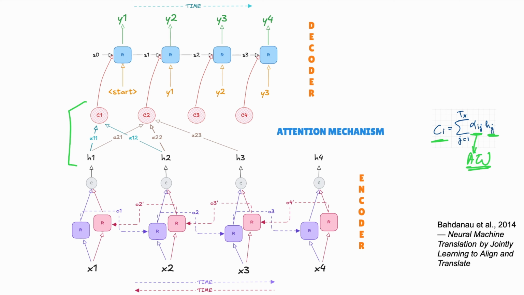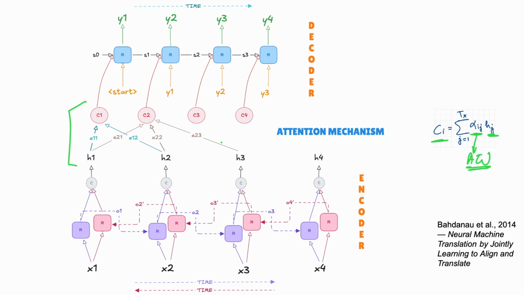Alpha is the attention weight, basically how much weight we are giving to each hidden state. That's the idea with the attention mechanism. For calculating C1, we'll have to multiply h1 by alpha 11, h2 by alpha 12, h3 by alpha 13, and h4 by alpha 14. But we have not shown alpha 13 and alpha 14 because their weight is 0.